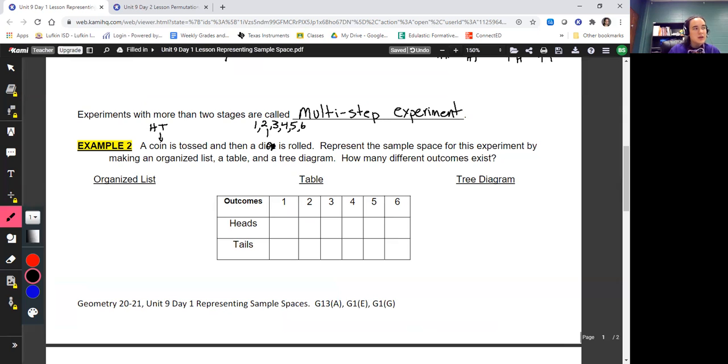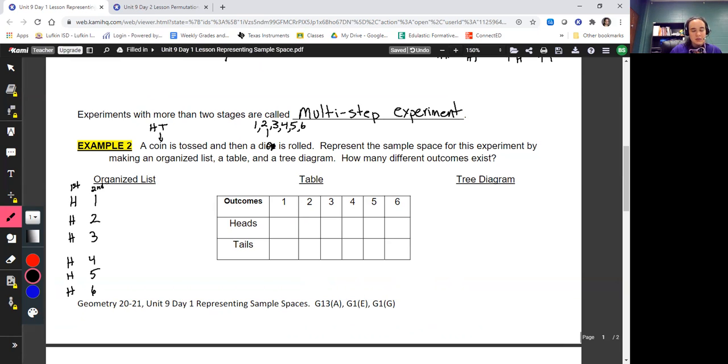So on an organized list, we start with the first thing, which is a coin toss. And we can have heads. And then our second thing that we did was roll a die. And we can have 1 through 6 for that as an option. So we have heads 1 is one set, heads 2 is another set, heads 3 for another set, heads 4 for another set, heads 5 for another set, heads 6 for another set.